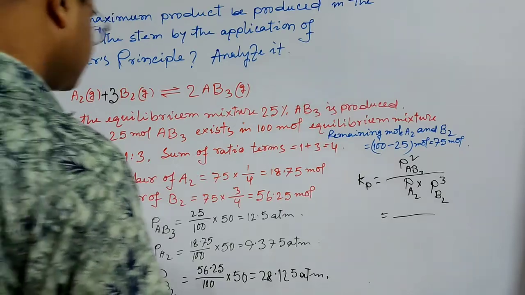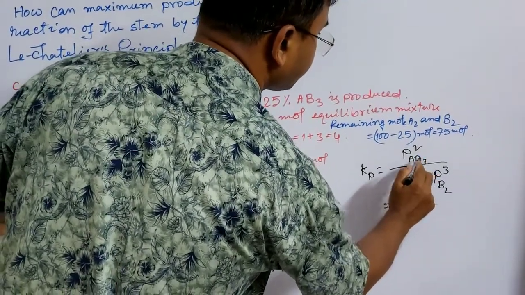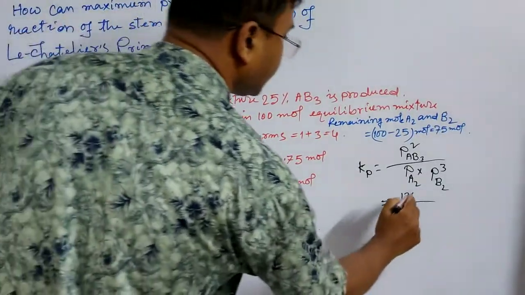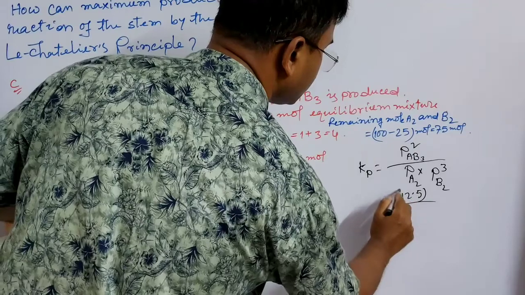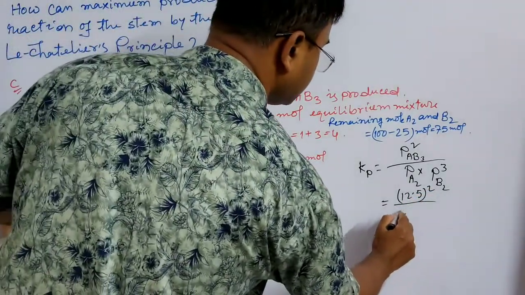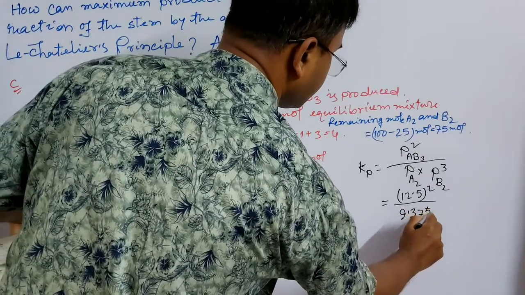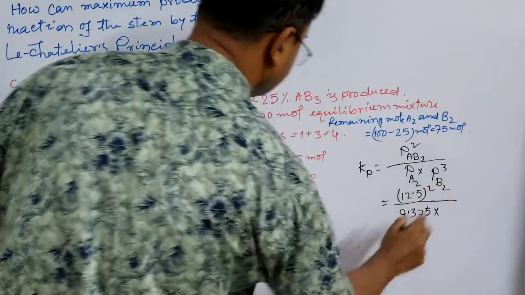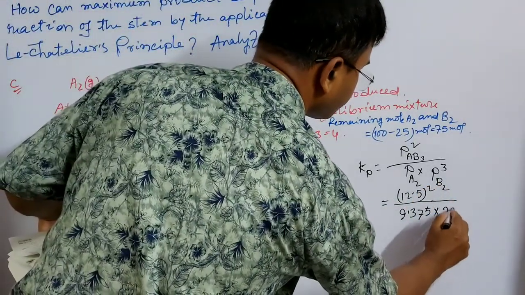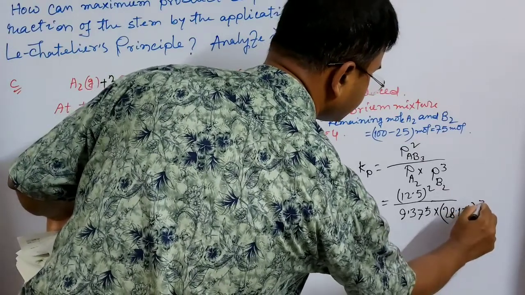Partial pressure of AB3 is 12.5 squared, and partial pressure of A2 equals 9.375 into partial pressure PB2 is 28.125 cubed.